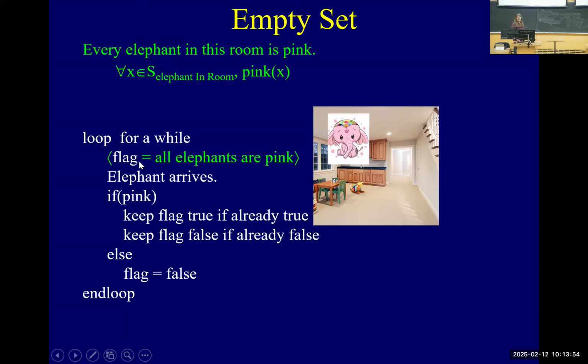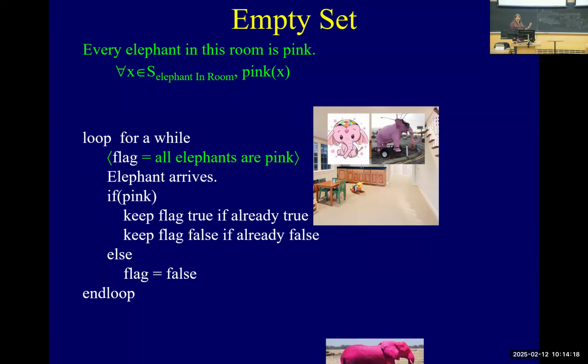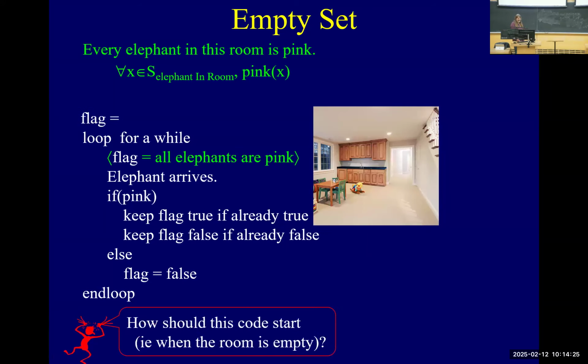And this is kind of a hint here: when we first start, what value do we want to set our flag to? As elephants arrive, we're maintaining the loop invariant. They were all pink. A new elephant arrived. It's still pink. Oops, it's not pink anymore.